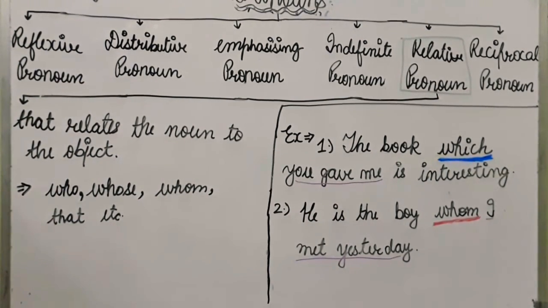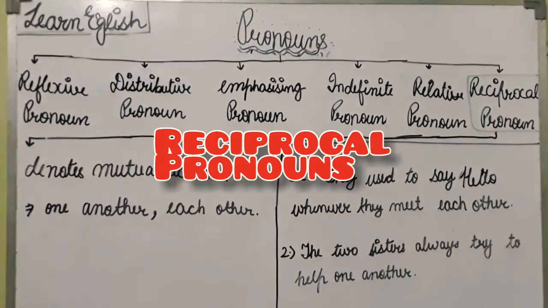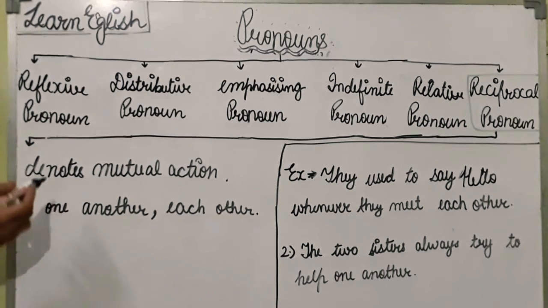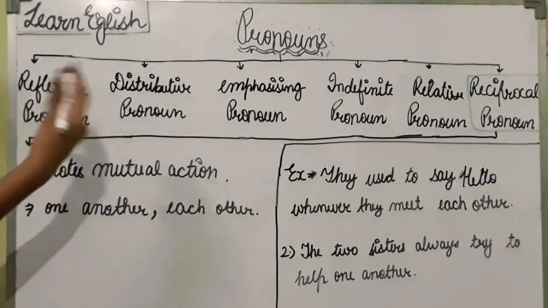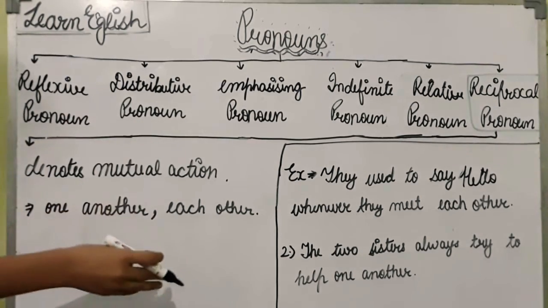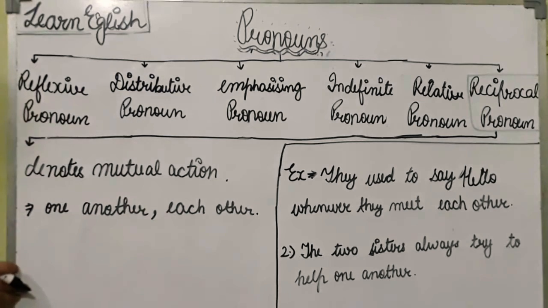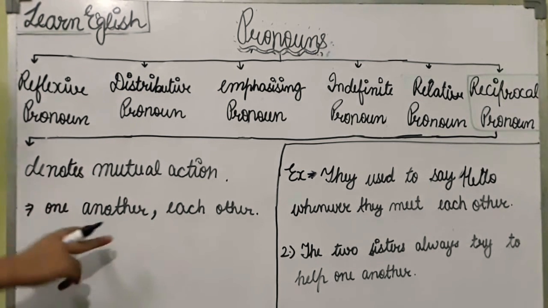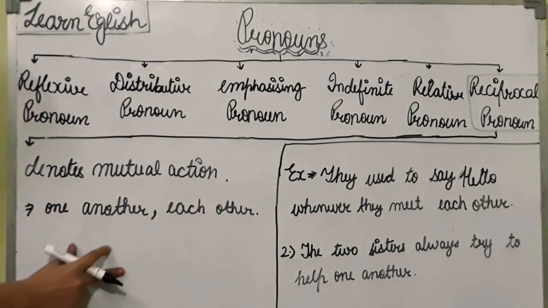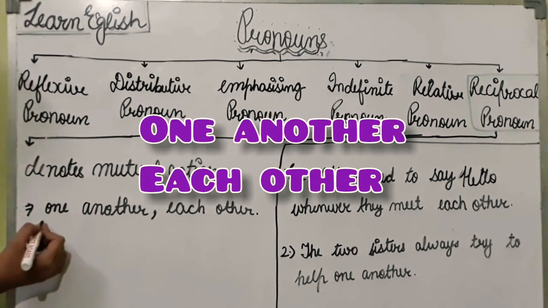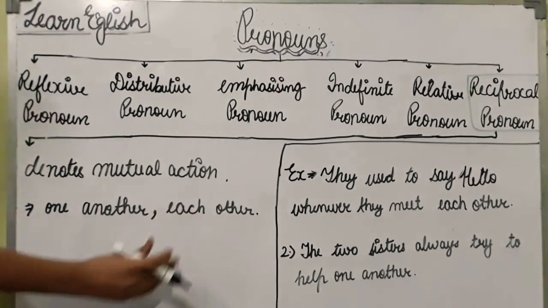Now the next one is reciprocal pronouns. So reciprocal pronouns are the pronouns that denote the mutual action. Mutual action means if an action is done and at the same time we get the effect of that action. And there are only two types of reciprocal pronouns that are used, that are one another and each other.